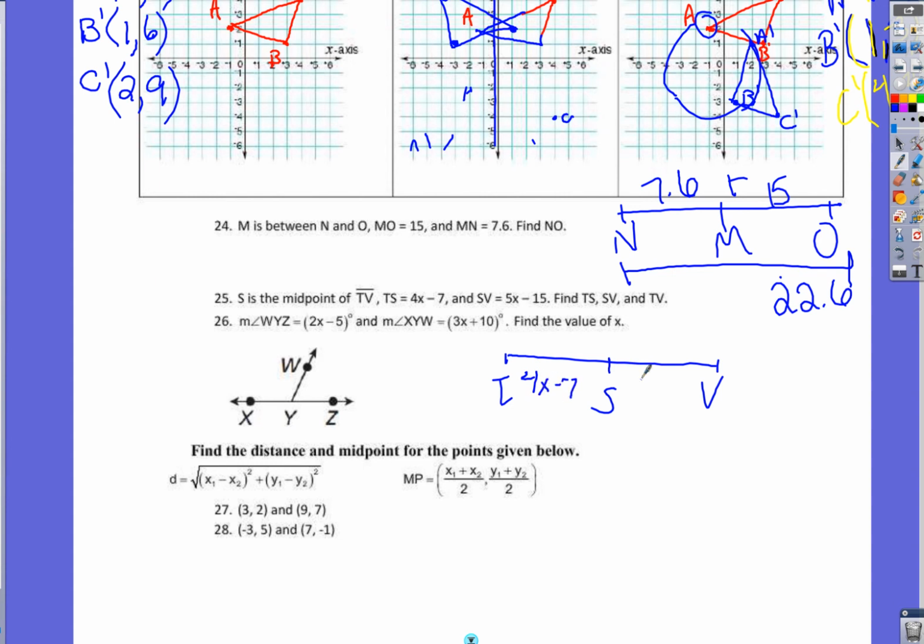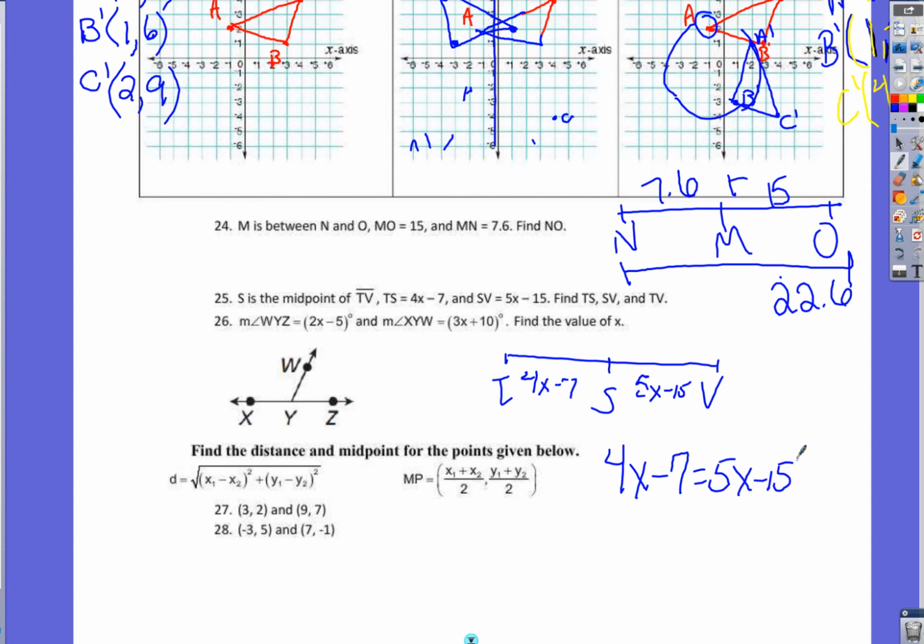And SV is 5x minus 15. It wants you to find TS, SV, and TV. If it's the midpoint, isn't it in the middle so those two are equal to each other? Yeah. If they're equal to each other, I set up my equation of 4x minus 7 equals 5x minus 15. Do we agree? Yeah. How am I going to solve?